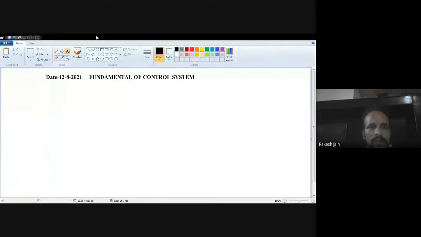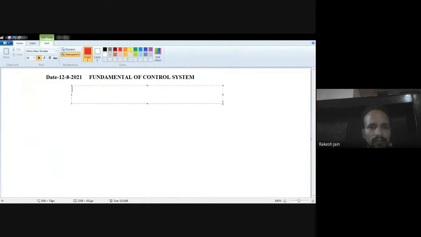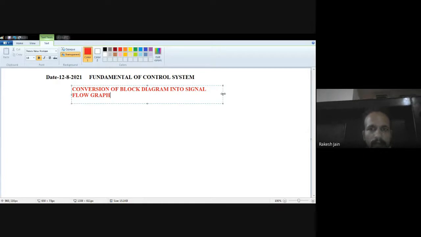Now our topic today is conversion of a block diagram into a signal flow graph. How to convert a block diagram?